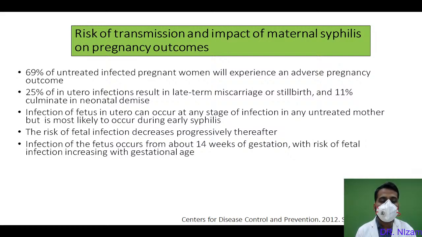Infection of the fetus occurs only from about 14 weeks of gestation, with the risk increasing with gestational age. So syphilis cannot be transmitted before 14 weeks, only after. The reason is that the placenta is formed by 12 weeks, and the fully functional placenta, that is, the invasion of the spiral arteries, occurs by the end of the 14th week, and the spirochete is transmitted to the baby through the hematogenous route only.